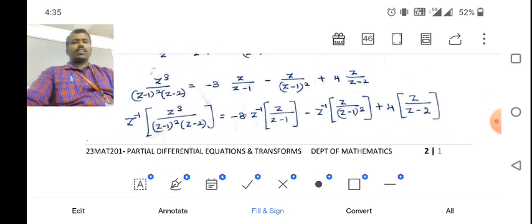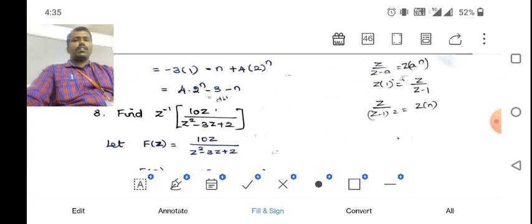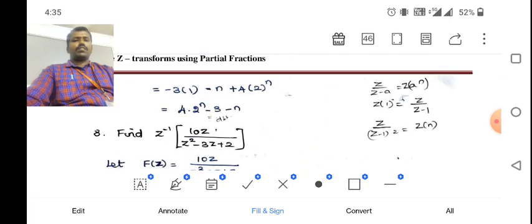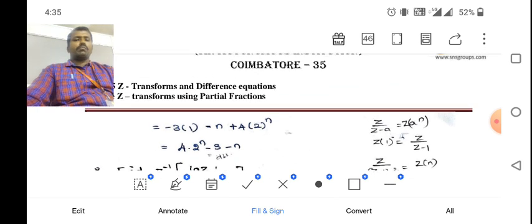The inverse Z of z cube divided by (z minus 1) whole square (z minus 2) equal to minus 3 into 1 power n minus n plus 4 into 2 power n. So 4 into 2 power n minus 3 minus n is the solution of this equation.